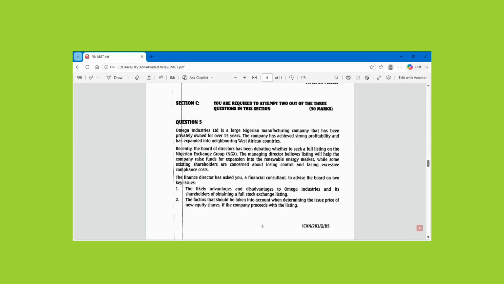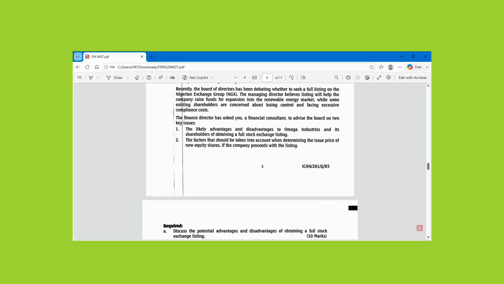Number two, the factors that should be taken into account when pricing new equity shares, if the company proceeds with the listing. Requirements A and B.